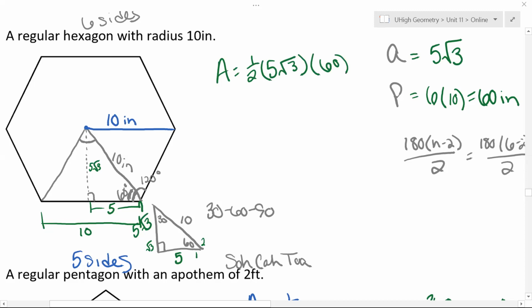And when I substitute those values in, I get that my area is exactly 60 times 5 divided by 2. So that's going to be 150√3 inches squared. Or if I wanted to approximate it, that would be 259.8 inches squared.